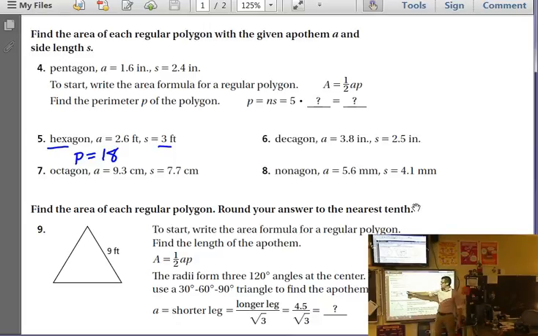And then we use the apothem times the perimeter, cut in half. Same thing with a nonagon, 9 sides with a length of 4.1, so we would get 36.9 as the perimeter. And again, apothem times perimeter divided by 2.